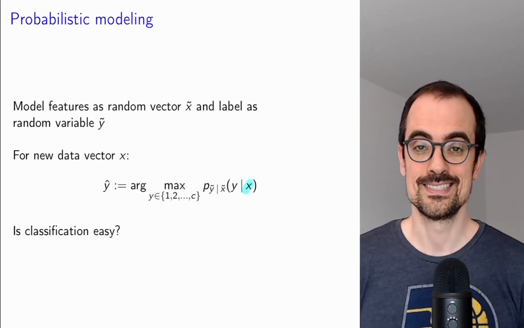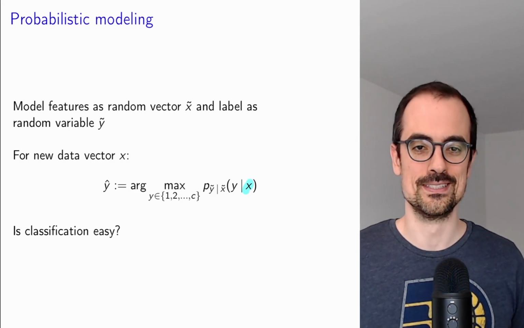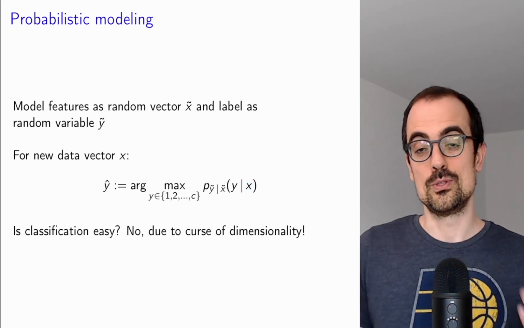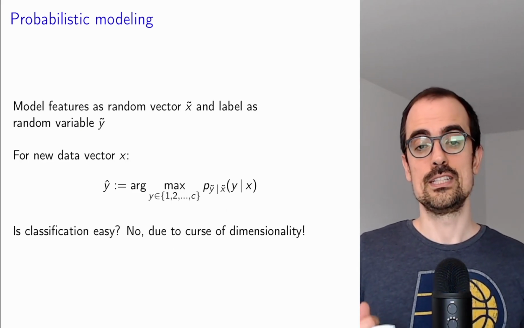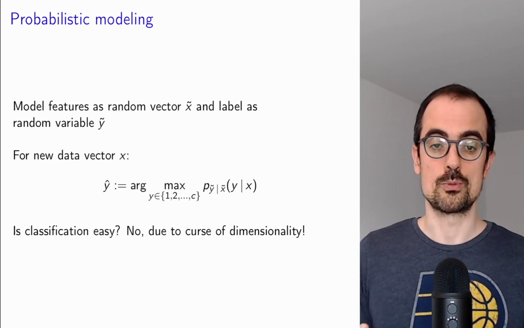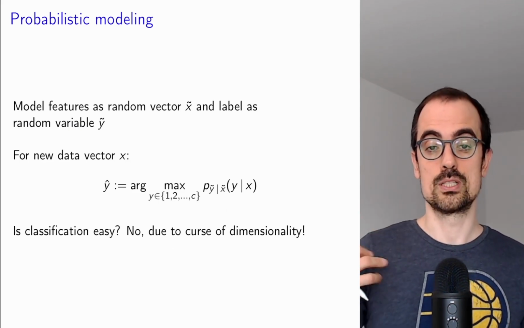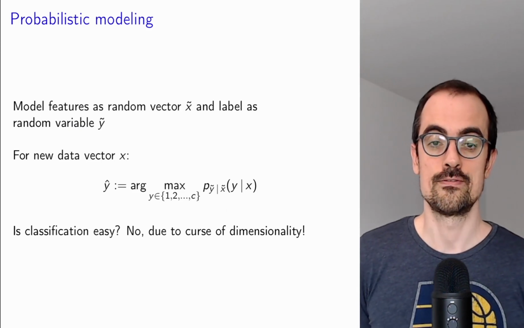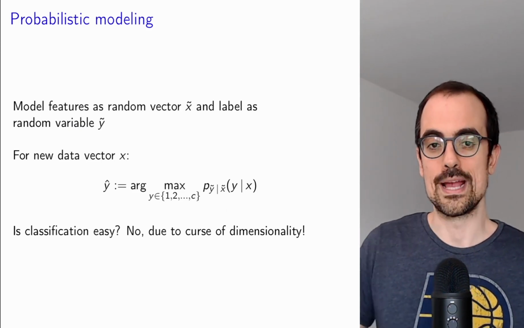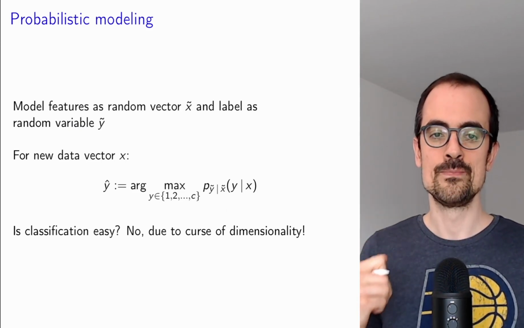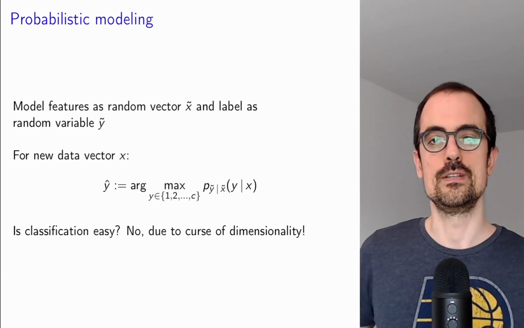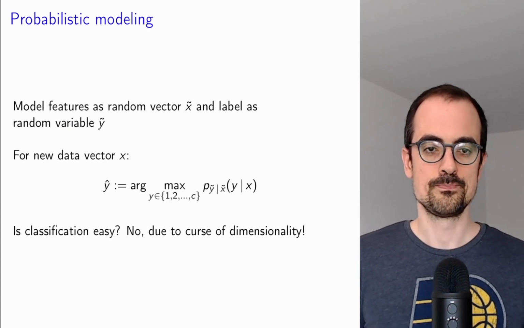This sounds great, except that it's generally impossible, because due to the curse of dimensionality, unless we have a very, very small number of features, it's going to be impossible to learn all of these conditional probabilities, because there are just too many possible configurations of the feature vector. So when we encounter a new feature vector, it's usually going to be unique, in the sense that it won't be exactly the same as any of the feature vectors in our training set.